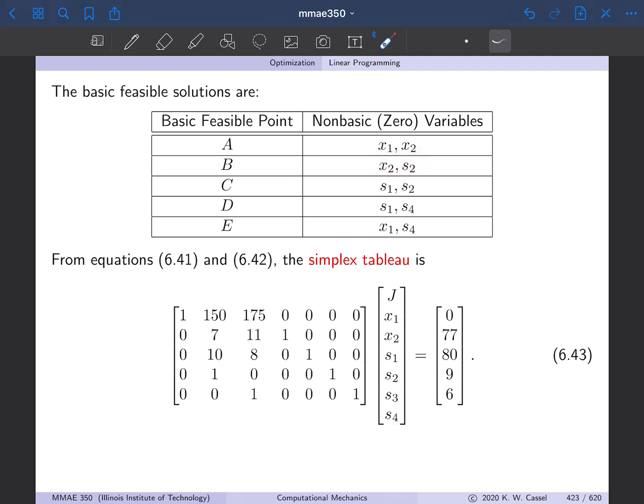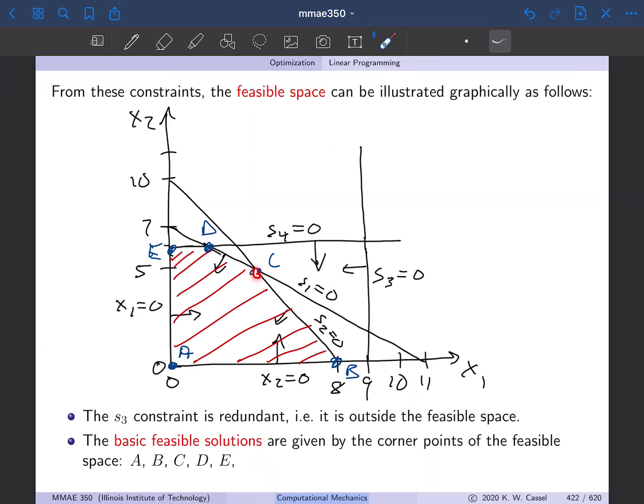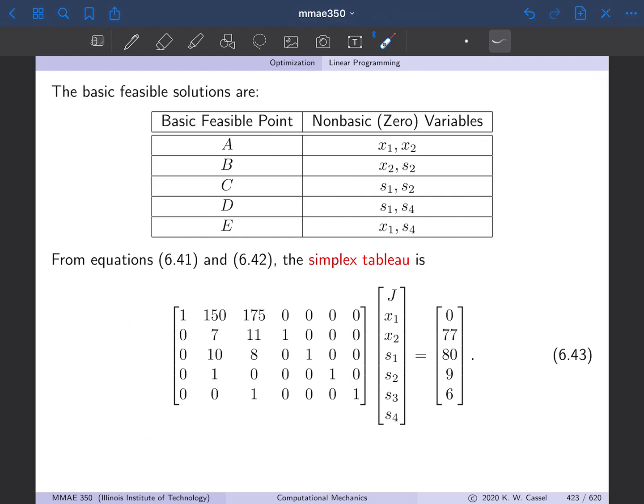And you can go through C, for example, is where these 2 cross. That's the s2 and s1 is equal to 0 line. So s1 and s2. Then finally for D and E, s1 and s4, and x1 and s4. So in this case, we can get that straight from the feasible space plot.